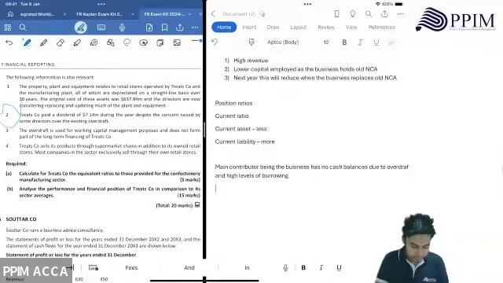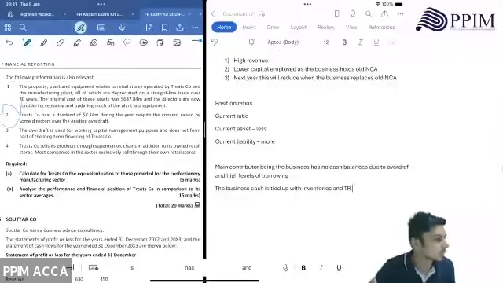The business cash is tied up with inventories and trade receivable.